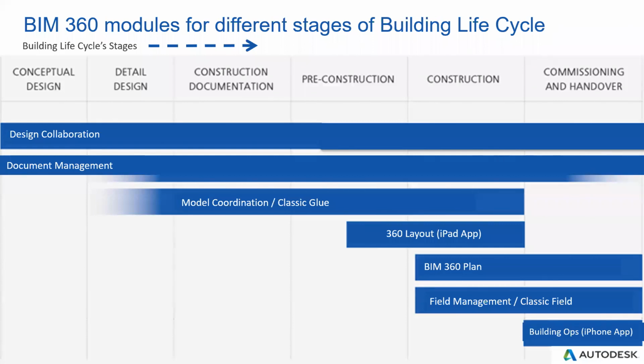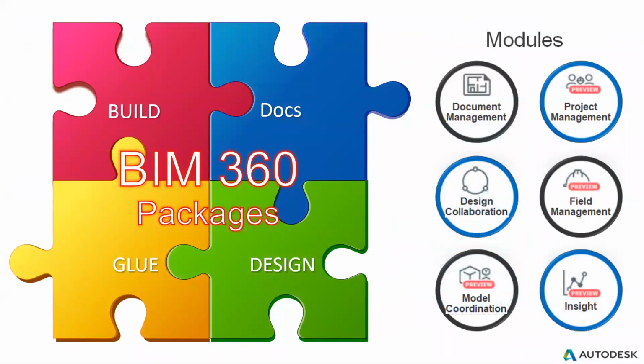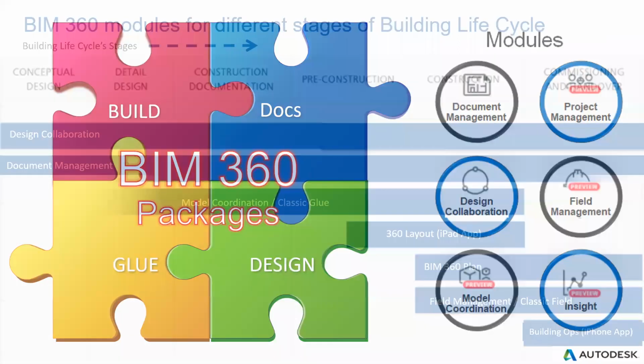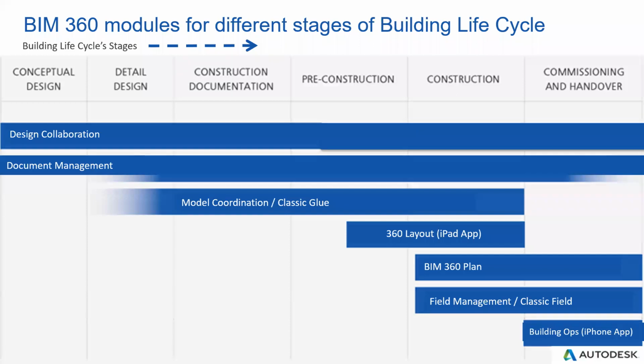And you see the document management. The second bar, the blue puzzle icon on the top right corner, is document management. It allows you to store all the CAD, PDF, or Revit files in one single platform, and it has unlimited storage on BIM 360, which accepts more than 30 file formats.